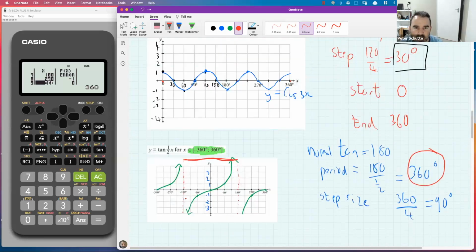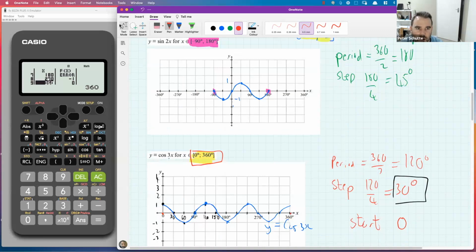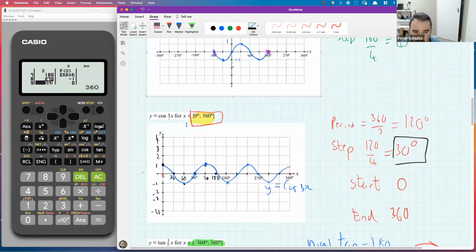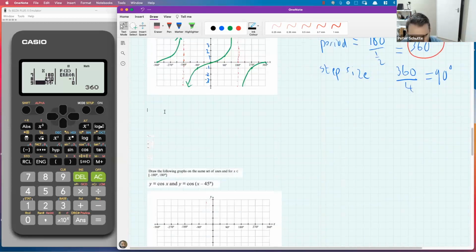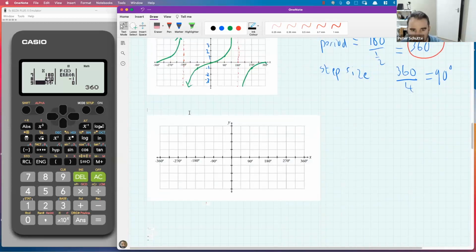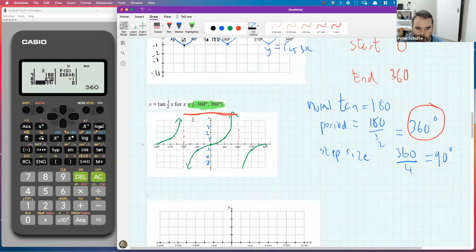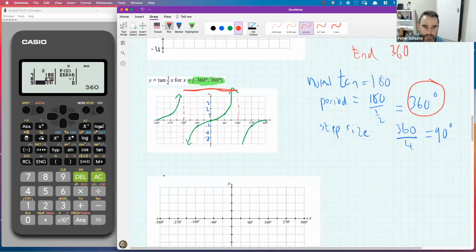So let us do this. I want you to draw me the graph of y equals cos 2x.